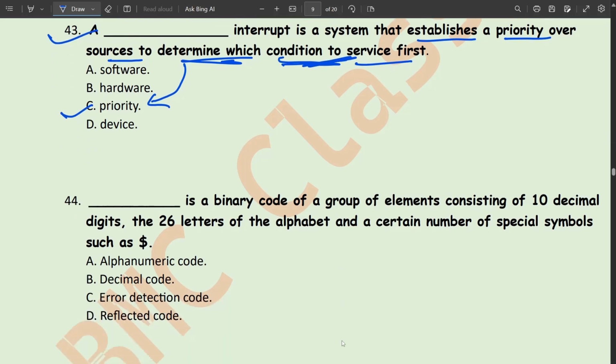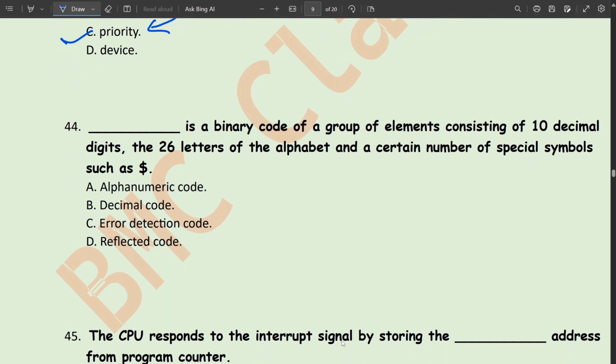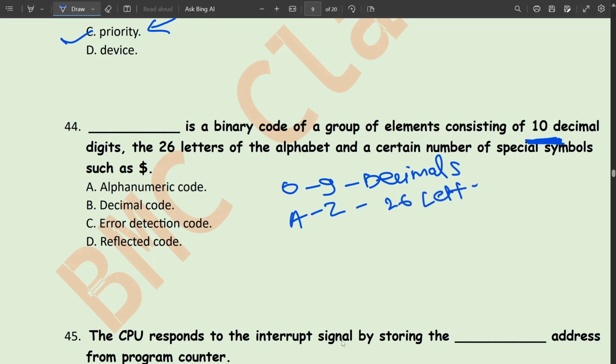Next, blank is a binary code of a group of elements consisting of 10 decimals, 0 to 9, the 26 letters A to Z, and some special symbols like the dollar sign, @, asterisk.